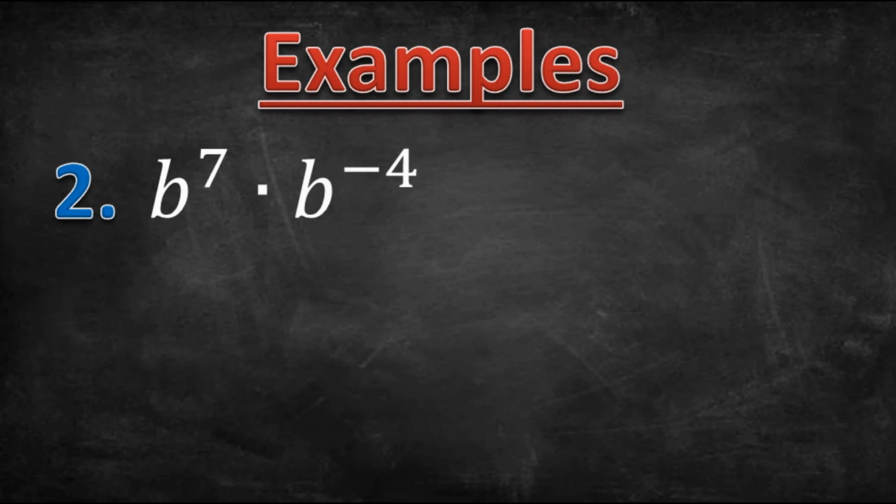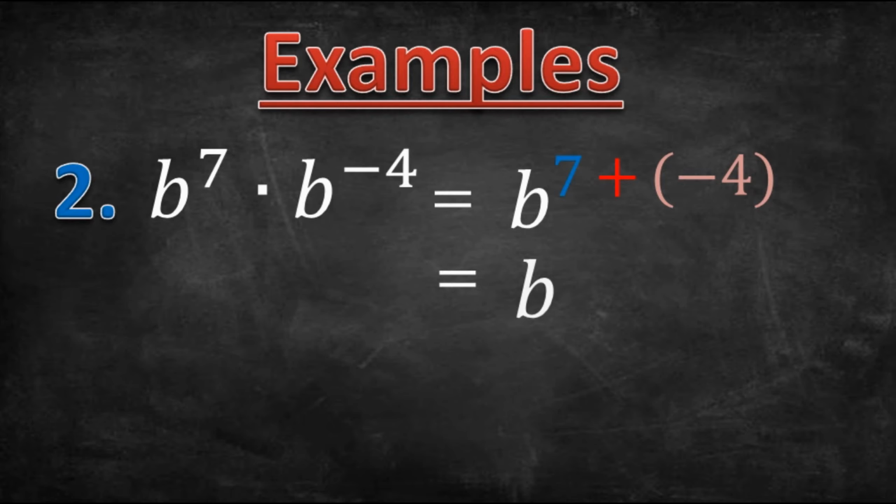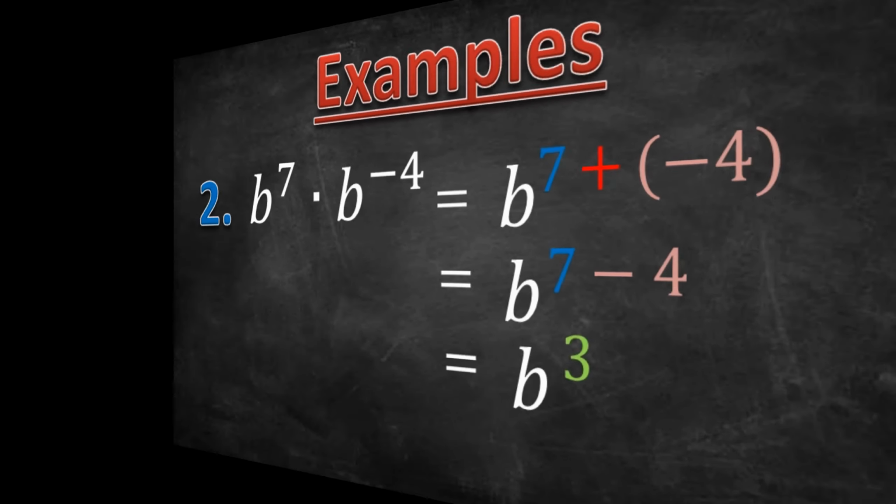In the second example, we have b to the 7 times b to the negative 4. Applying law 1, we can add the powers, so it's b to the 7 plus negative 4. The brackets mean multiplication, and a plus times a minus is a minus, so it's b to the 7 minus 4, which is b cubed.